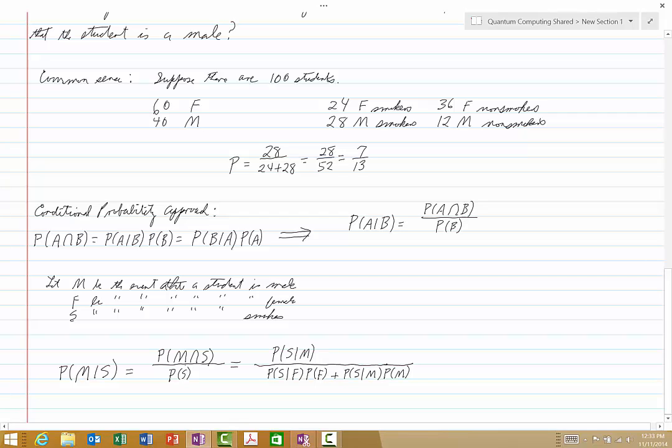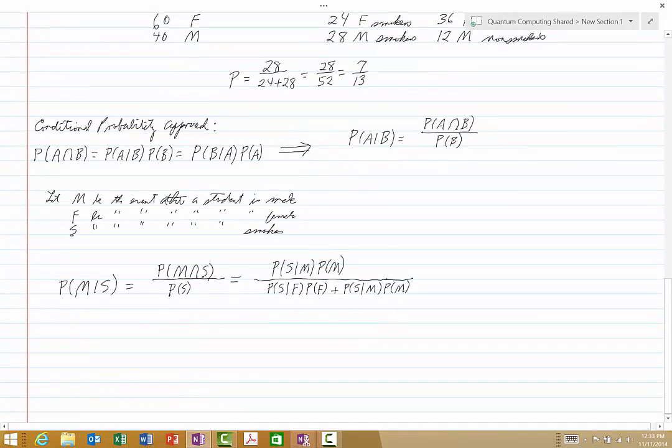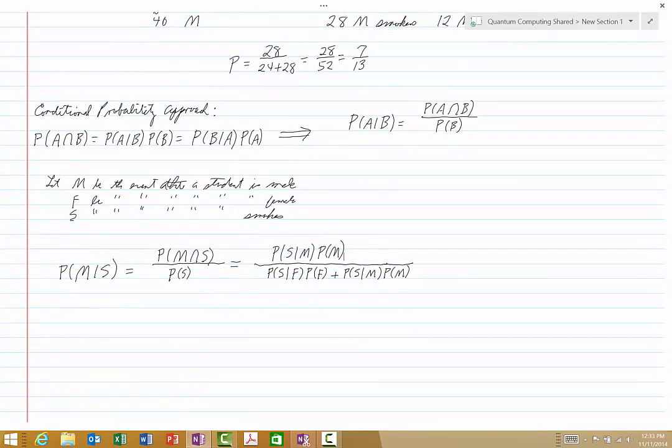I think I said that incorrectly. I should have said P of M and S is equal to P of S given M times P of M. And this is, again, just using this formula. And now we're ready to finish this problem.